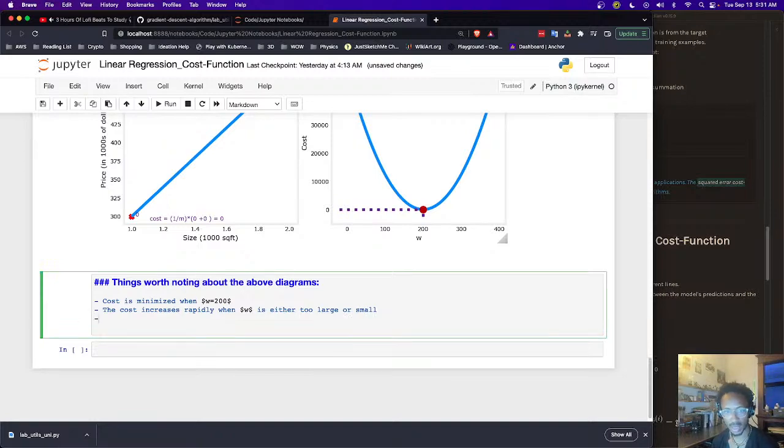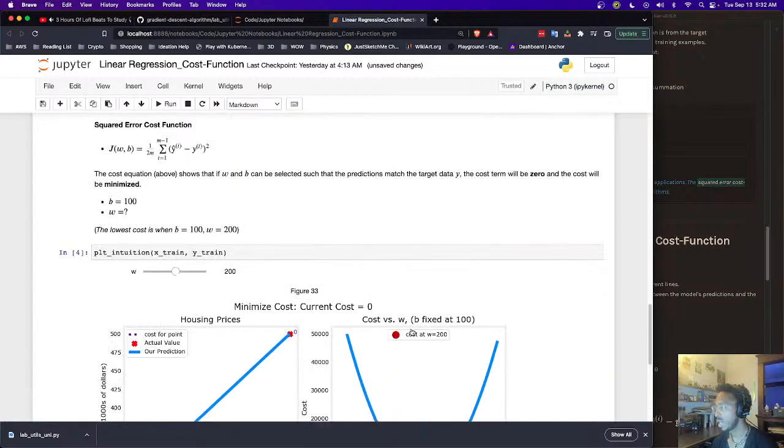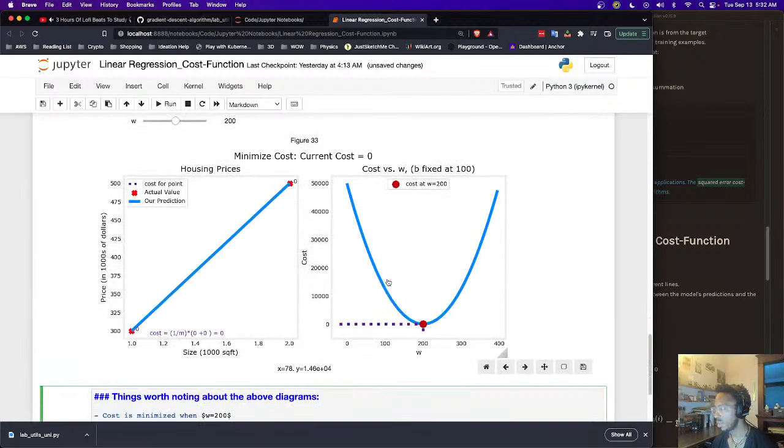And then the last point here is using... So when we have the correct weight and bias, we, like I said, will know that because it's on the lowest point of this parabola.